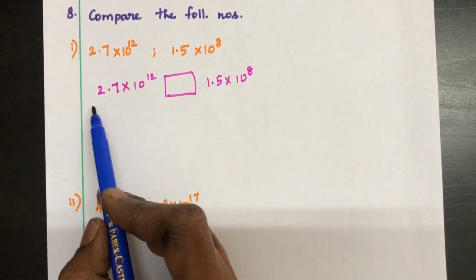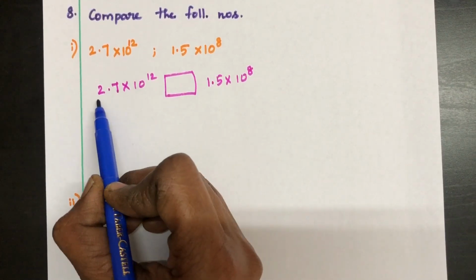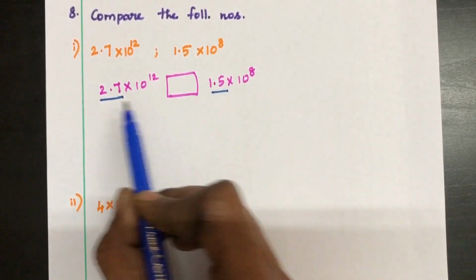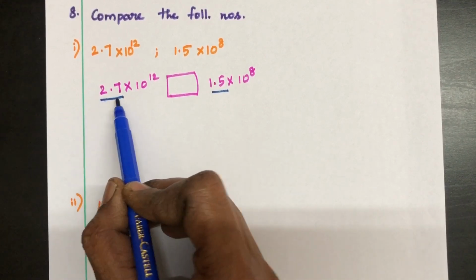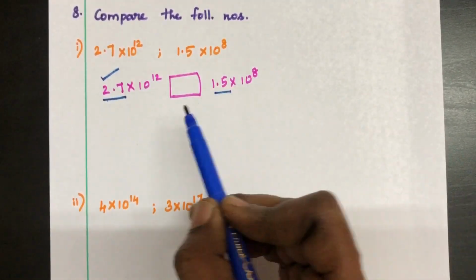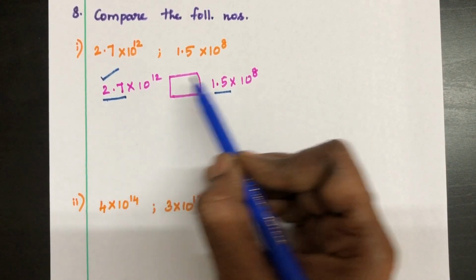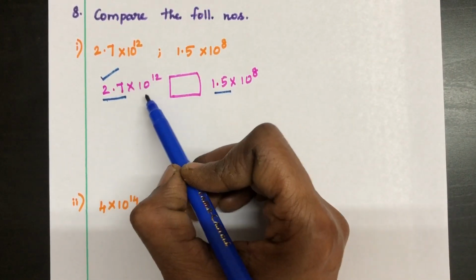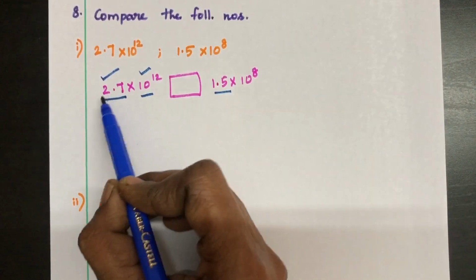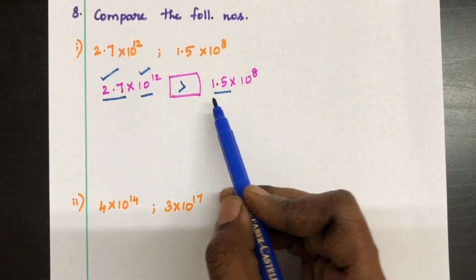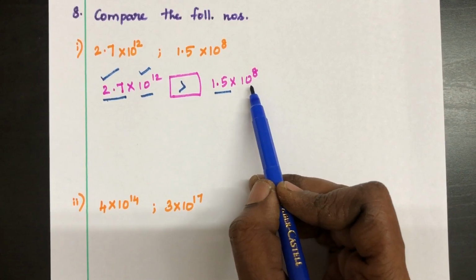Just give your concentration on these two numbers. 2.7 is greater than 1.5, so in the number part it is greater. Similarly, in the exponential part, 10 power 12 is obviously greater than 10 power 8. So this is also greater. This 2.7 into 10 power 12 is greater than 1.5 into 10 power 8.